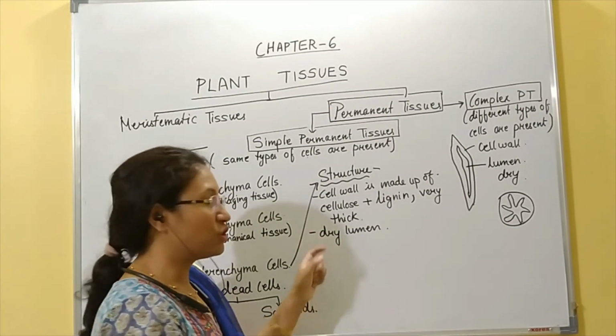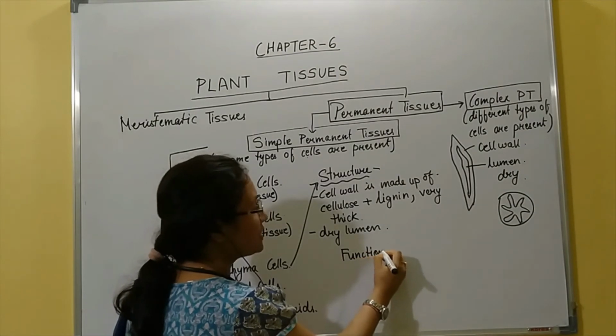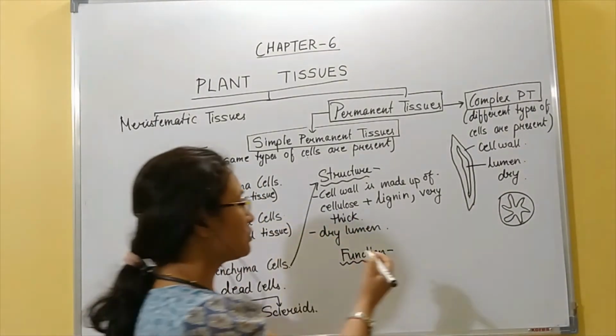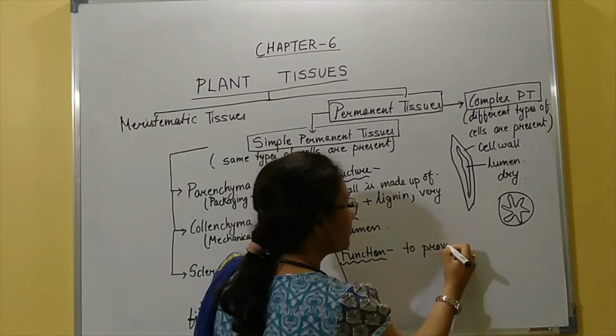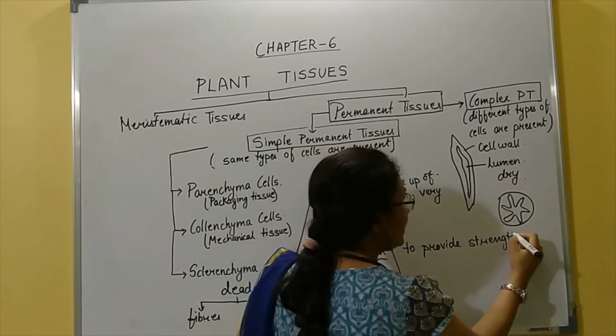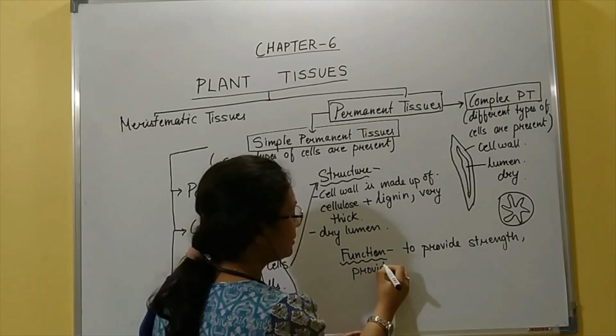Then what is the function of this kind of cells? The function is obviously protection, because they are very strong, so they provide strength, and whenever protection is required in whichever part of the plant.